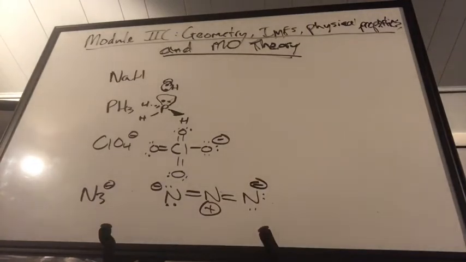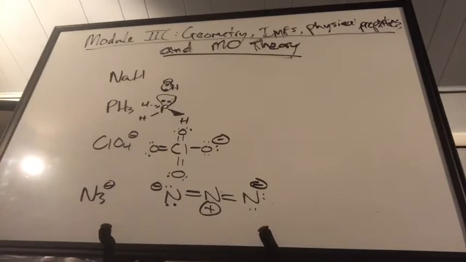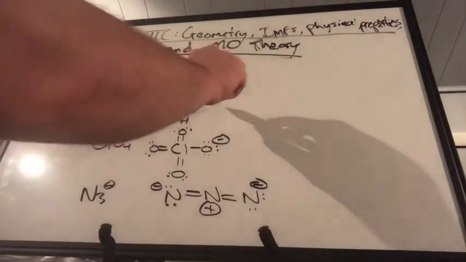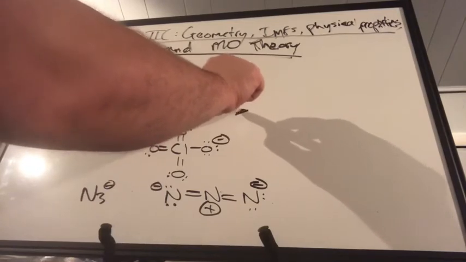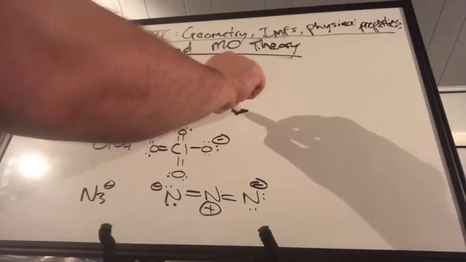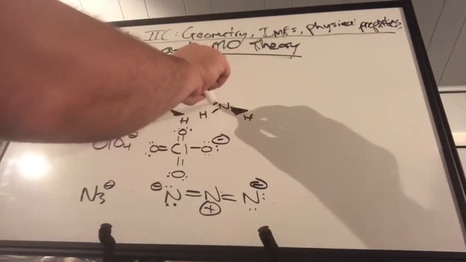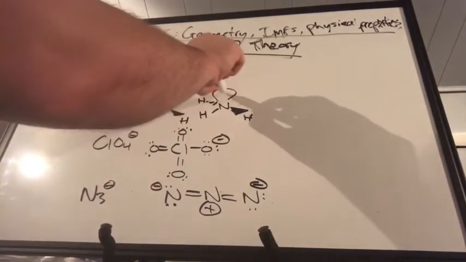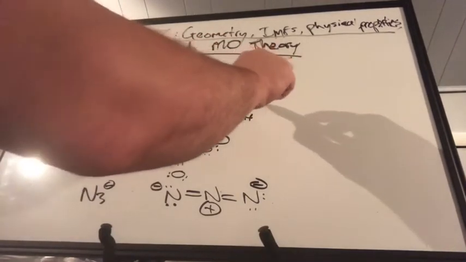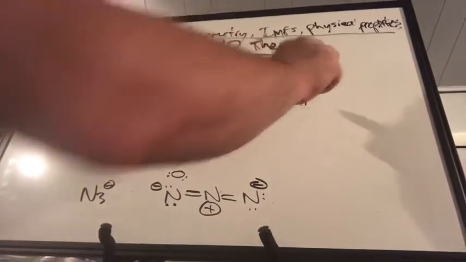Okay, so let's review and match the following molecules to their proper geometry. Something isoelectronic to PH3 is NH3, an ammonia molecule. It's going to be trigonal pyramidal.